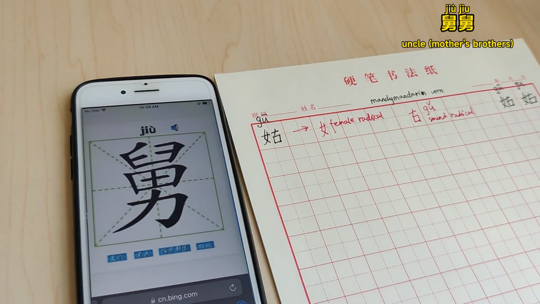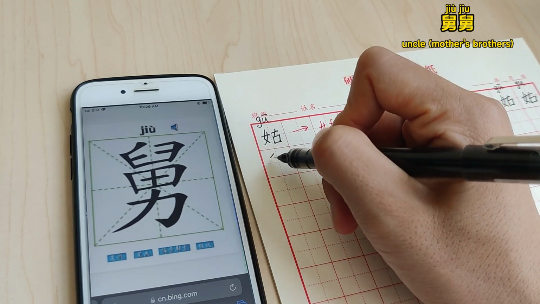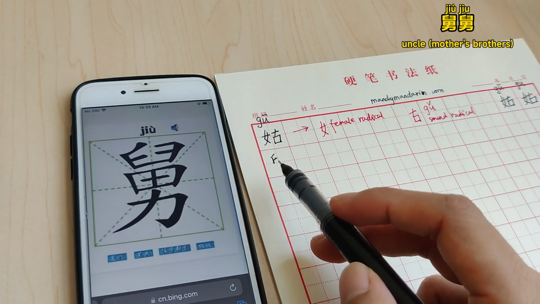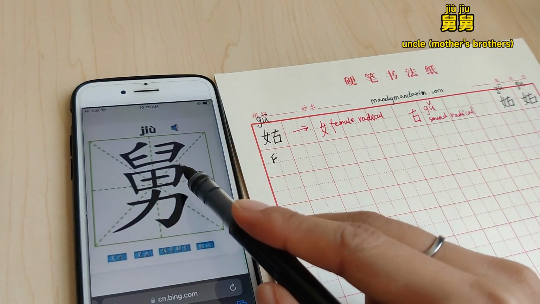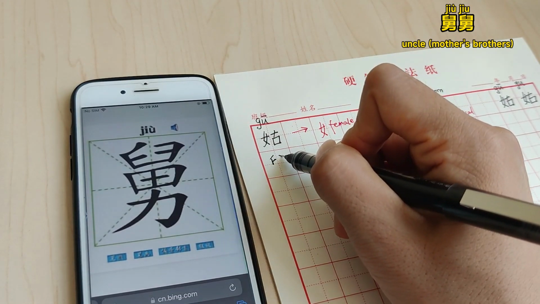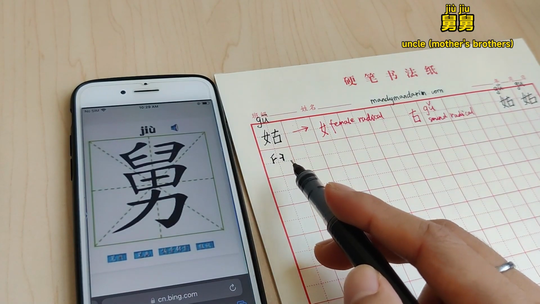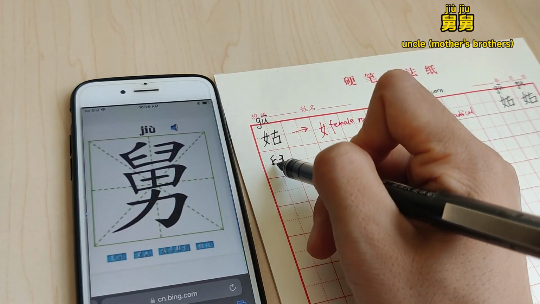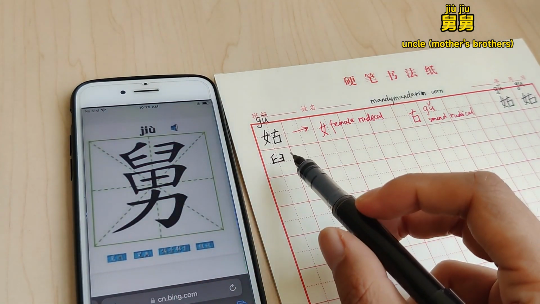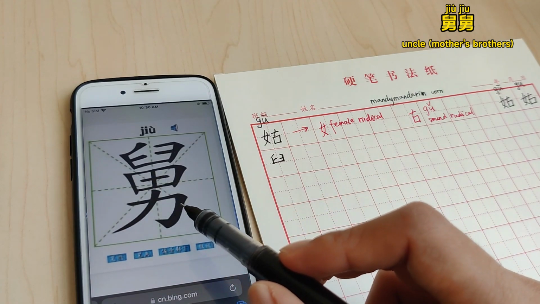The top part of it, we go 1, 2, 3. Okay, so this is the left part of it. And then, yeah, this is the right part of it. And then link them up.